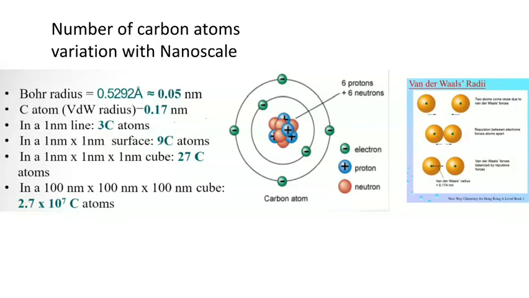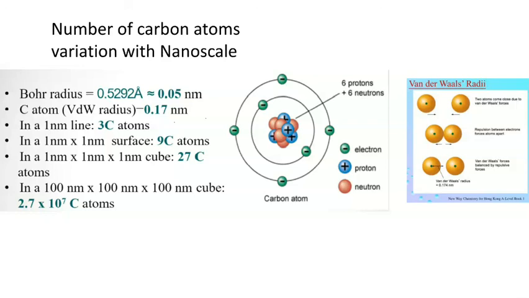I think you are now familiar with how small the nanoscale is, and you have got an idea about it. So you can now see how many atoms can sit on that scale. Again, the scaling up process: the number of carbon atoms varies with the nanoscale.